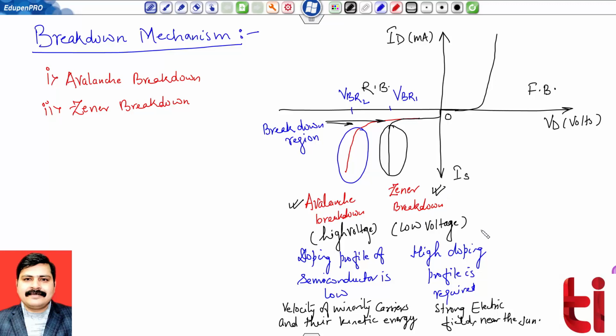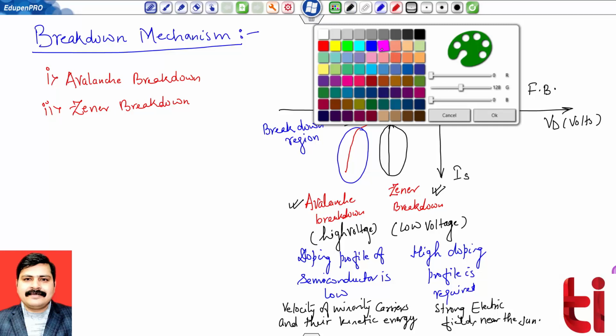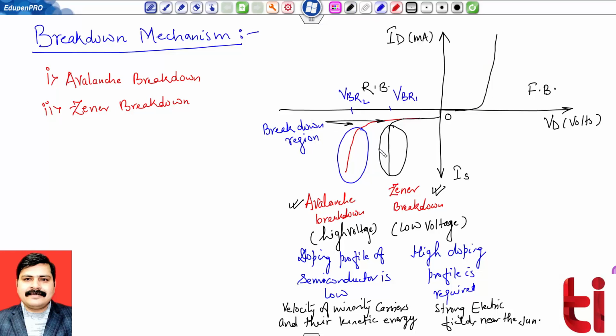Okay, so now let us discuss the things, and a lot of things are directly clear from this picture. What is happening? The value of current increases rapidly once this breakdown occurs.